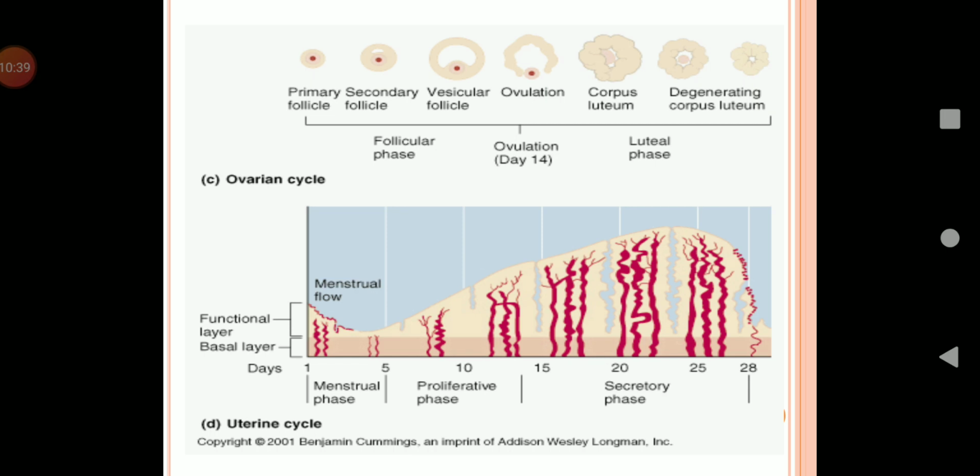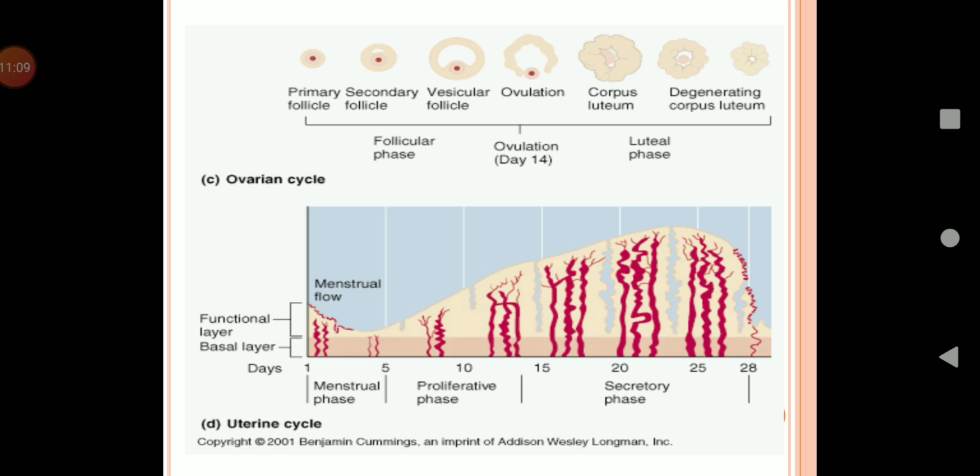Here you can see the ovulatory phase where the endometrium layer, you can see how it develops and it has been thickened during the phases. During the menstrual phase, you can see the endometrium layer, and as it thickens during the proliferative phase and gradually thickens in the luteal or the secretory phase.